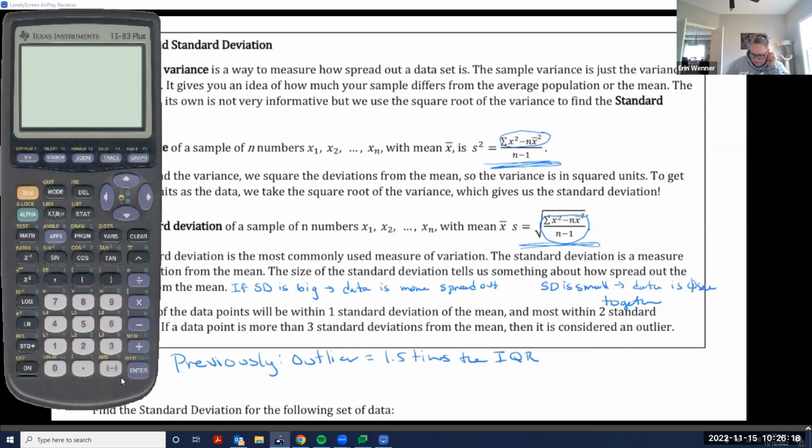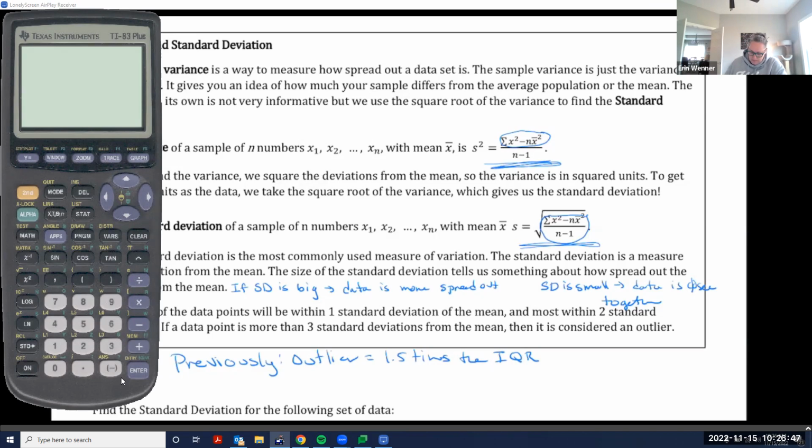So at least 1/2 of the data points will be within 1 standard deviation of the mean, with most within 2 standard deviations. If a data point is more than 3 standard deviations from the mean, then it is considered an outlier. We'll talk about outliers more when we get into normal distributions. Remember last week I said this is the definition we'll use for now, but then we'll get a better definition for outliers.